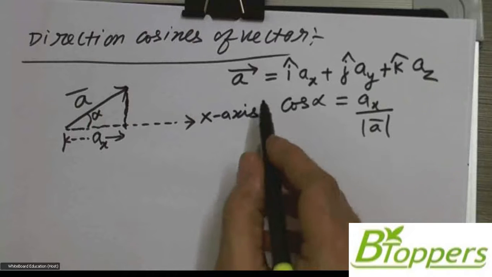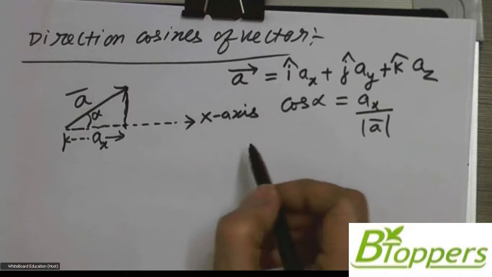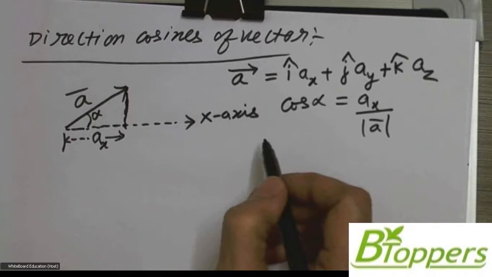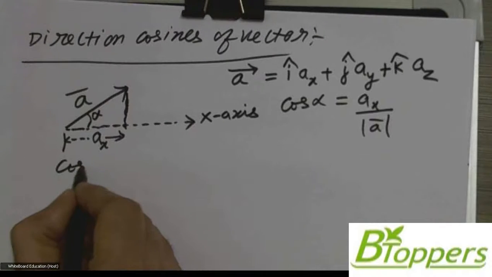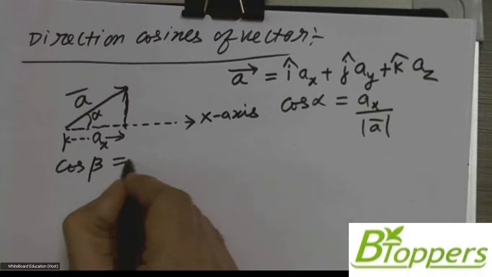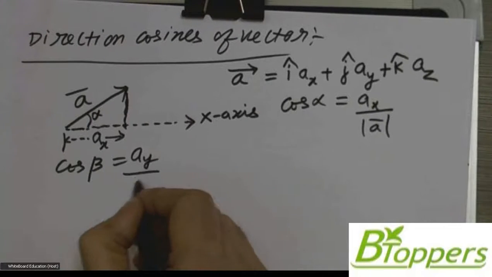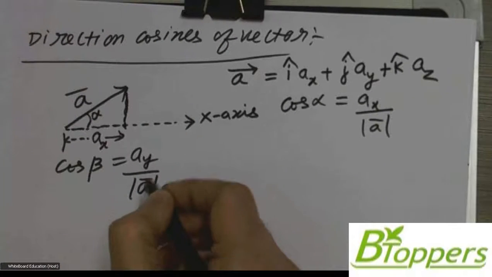Similarly, if beta is the angle made by the vector A bar with the positive direction of y-axis, you can write cos beta equal to AY by magnitude of vector A bar.